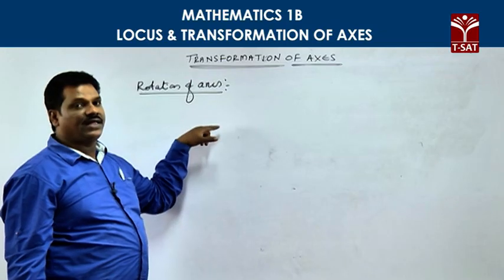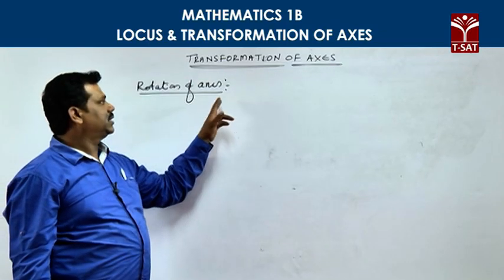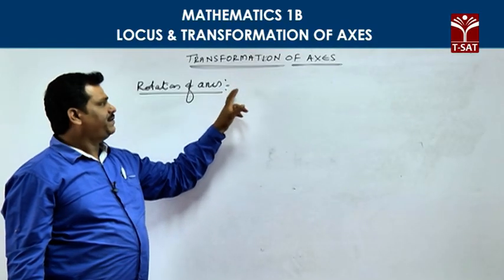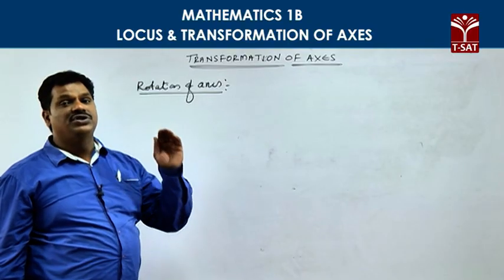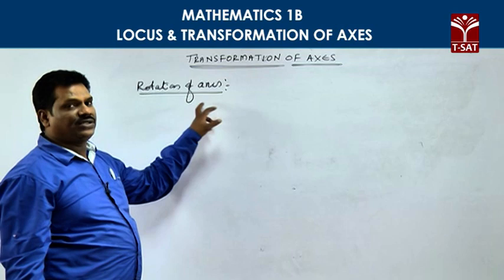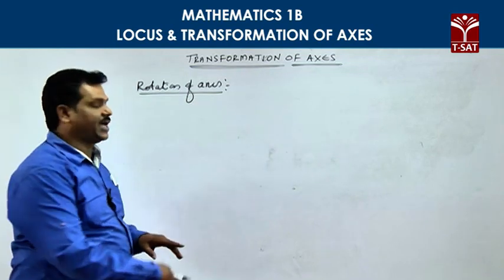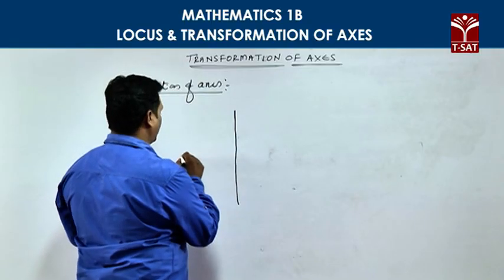Here, if the axes are rotated through an angle θ, the axes change but the origin does not. If the axes are rotated through an angle θ without changing the position of the origin, then that transformation is called rotation of axes. For example, here we have the X axis and Y axis.